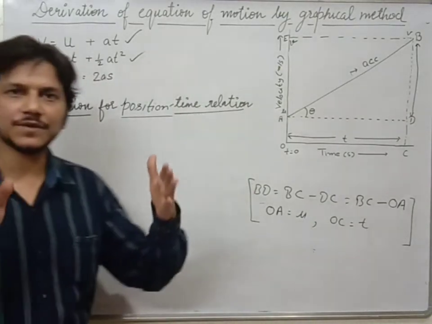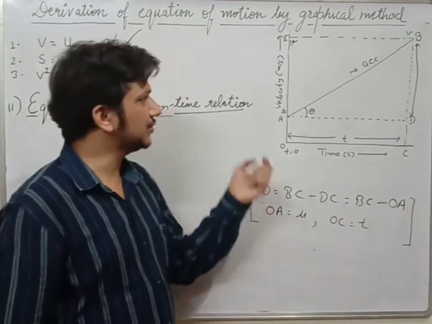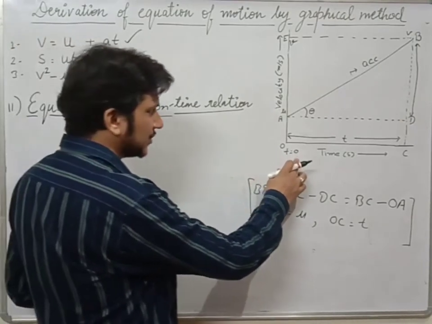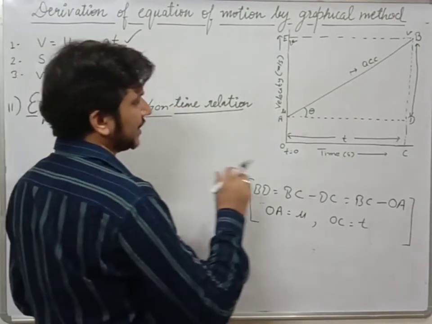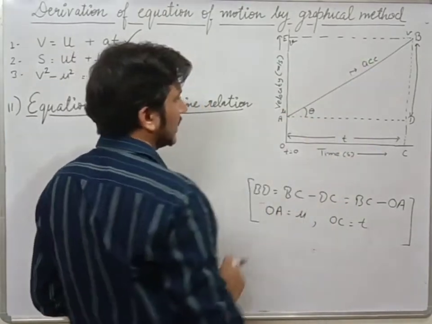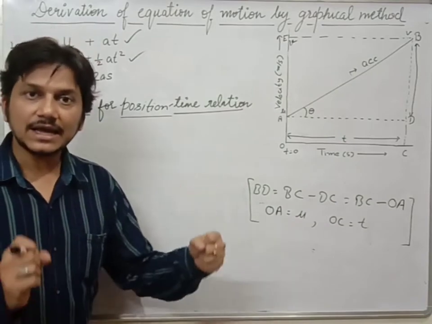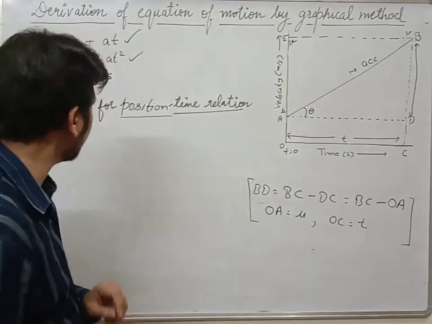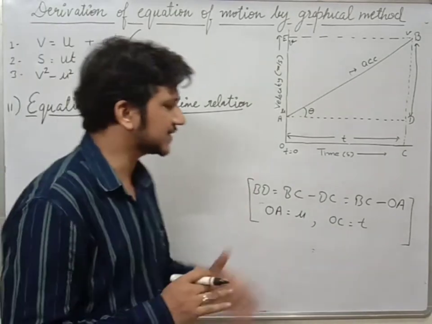Now suppose an object or a body is moving along a straight line with uniform acceleration, and at time 0 its initial velocity is u. After time t, its velocity will be v, and suppose it covers s distance in time t. Now we have to find the total distance of the object.